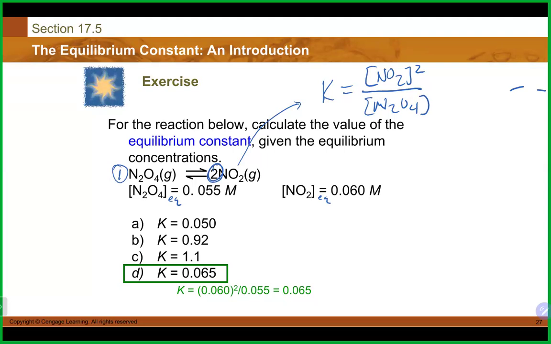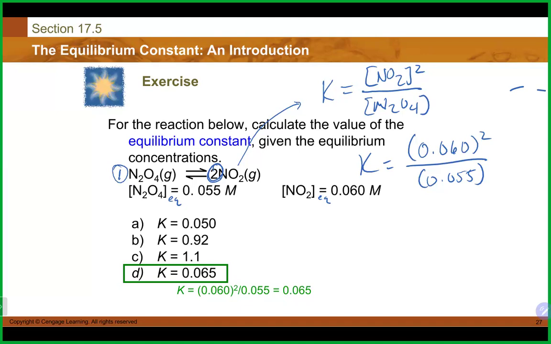At this point, all I have to do is put in my equilibrium values. So here, N2O4 is 0.055 and 0.06 squared divided by 0.055. And here, we should get what they have on there, I hope.